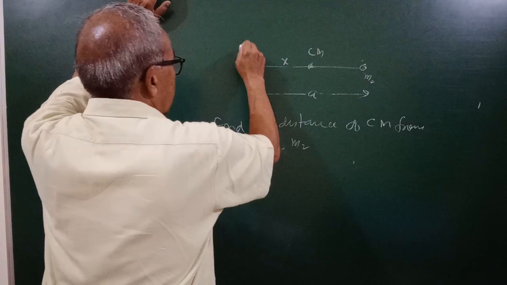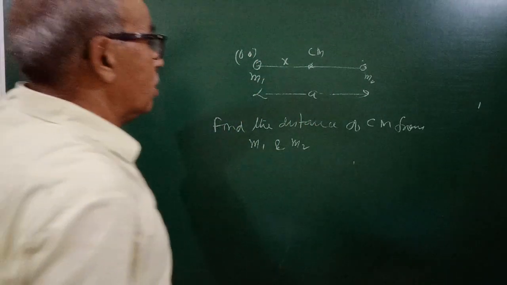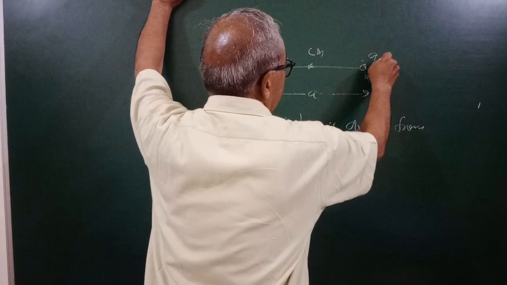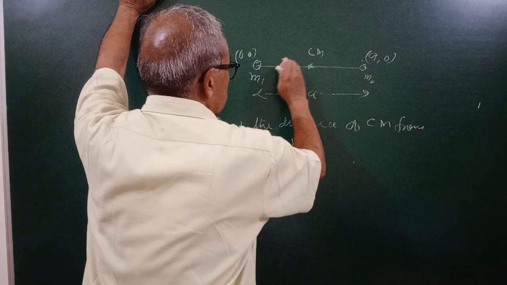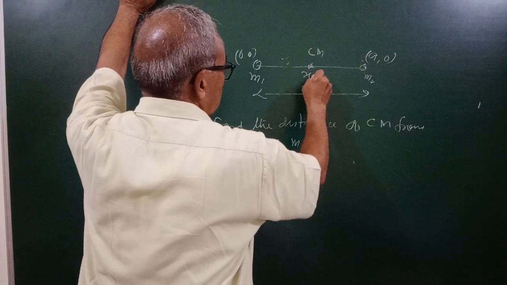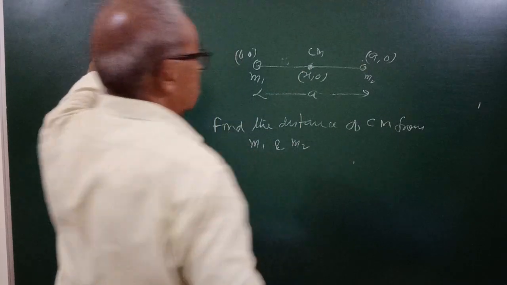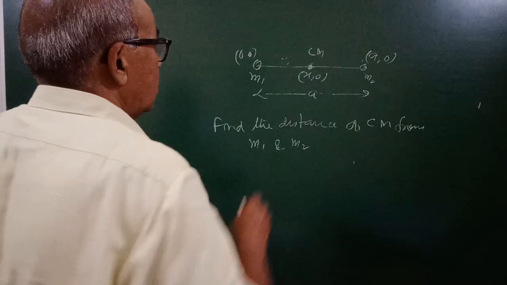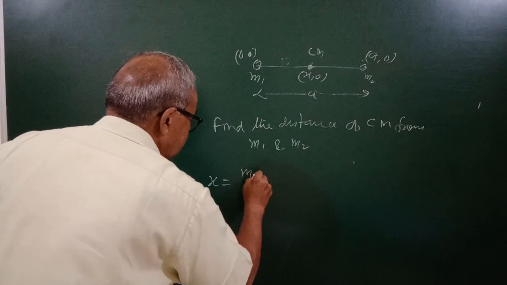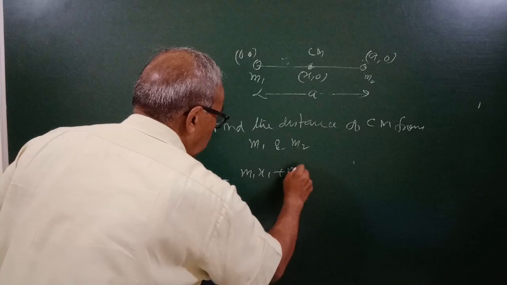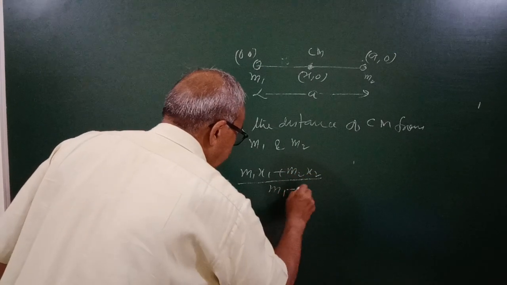So coordinate here 0, 0. Let m1 be at the origin, so m2 will be at a, 0. If the center of mass lies at CM here at distance x, then x equals m1 x1 plus m2 x2. The concept is the same. Don't deviate from the concept.